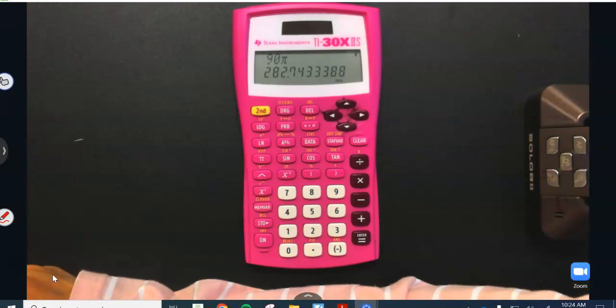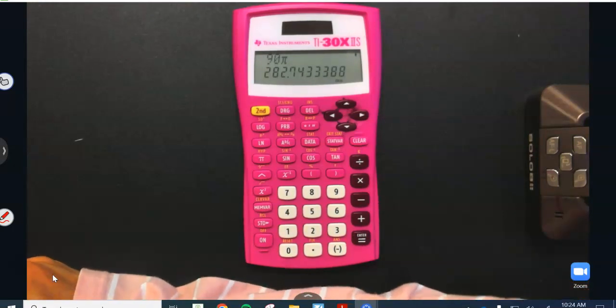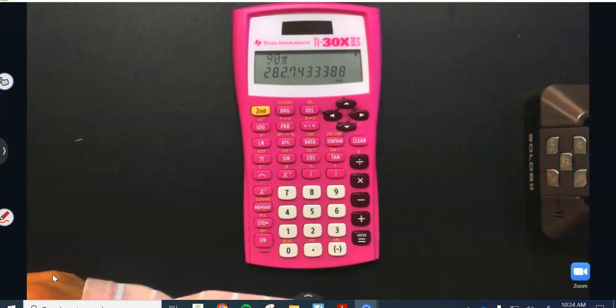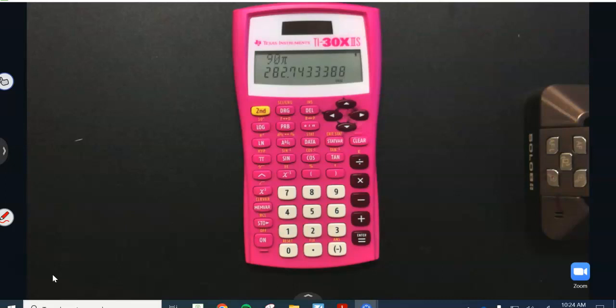That means that car is traveling 282 point something inches per second. Let's start getting rid of the inches. How many inches are in a foot? 12. So if that's 282 point something inches, what am I going to do on the calculator to turn it to feet? Yeah, let's hit divide by 12.